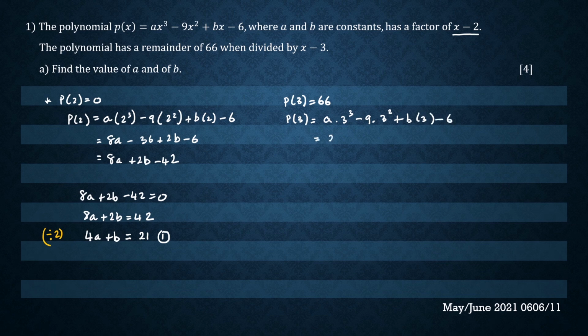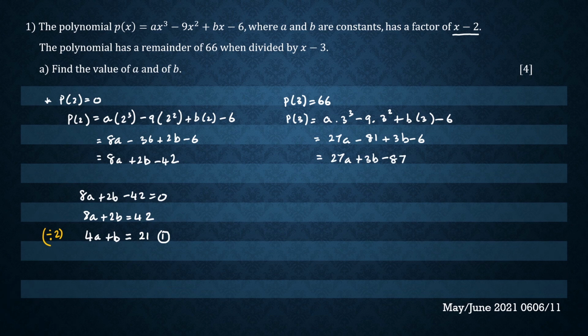So we'll have 27a minus 81 plus 3b minus 6. That would simplify to 27a plus 3b minus 87.